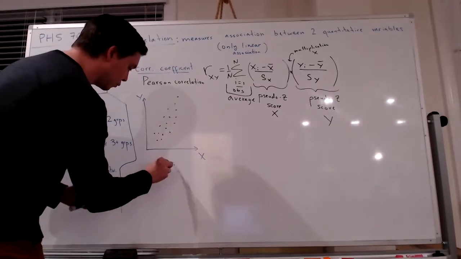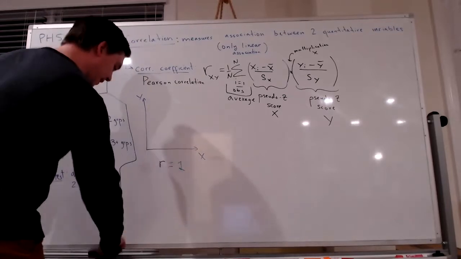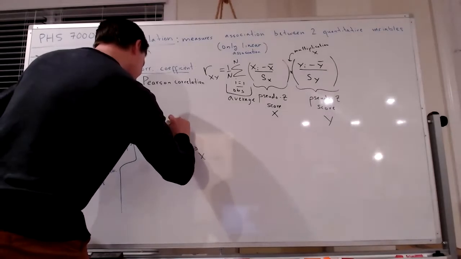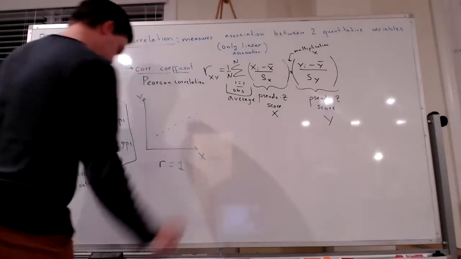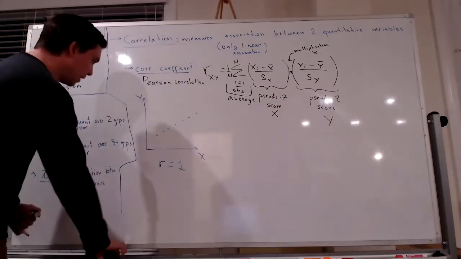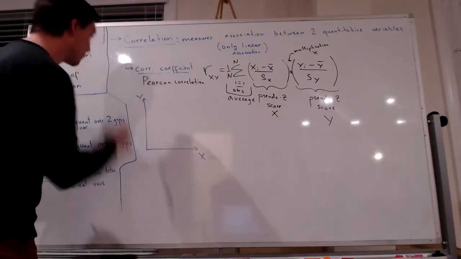Well, if R is equal to 1, then all these points would lie exactly on a straight line. And vice versa for the negative. Now, I said that 0 is complicated. Why is 0 complicated?